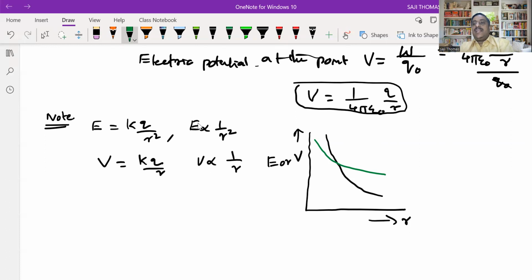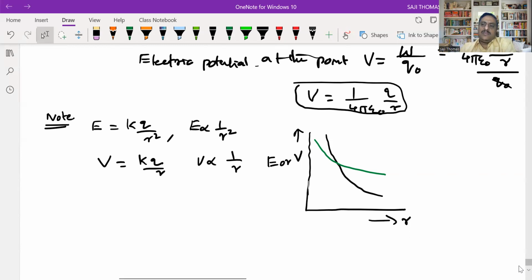So we have derived the equation for potential due to a point charge. Electrostatic potential is a scalar quantity. So if there are many charges, how will you find the total potential?